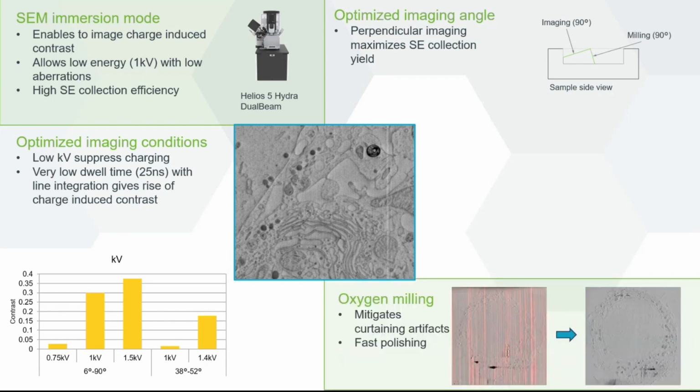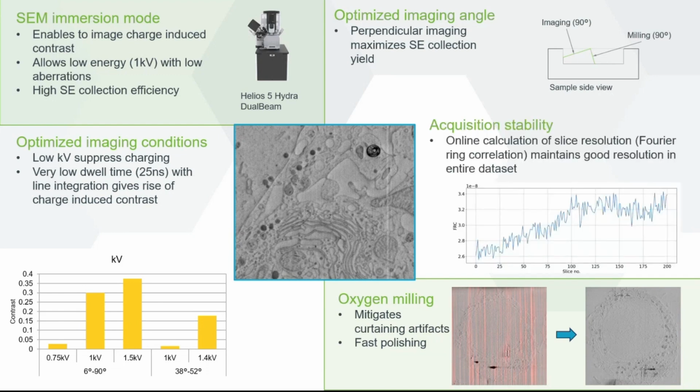Oxygen milling seems to have the best performance in terms of curtaining, and also to ensure high quality images through the entire volume. The software calculates resolution on each acquired slice, and if the resolution drops below a defined limit, it invokes some auto functions.